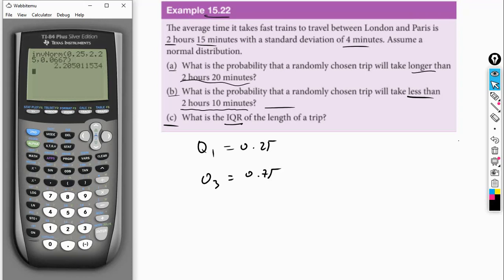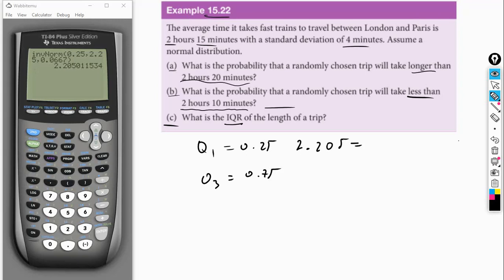So we hit enter, and notice that the x value corresponding to the first quartile is 2.205. So let's write that down over here. It's going to be 2.205.